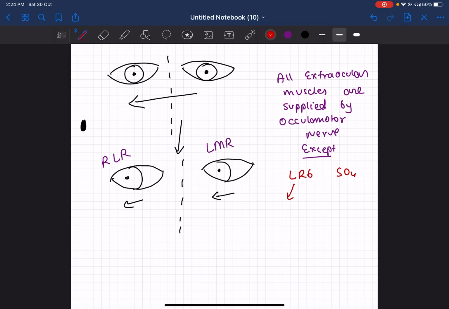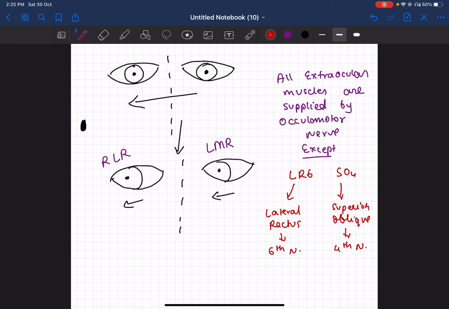So lateral rectus is supplied by the sixth nerve, while the superior oblique is supplied by the fourth nerve. You can remember the sixth nerve is known as the abducens nerve.